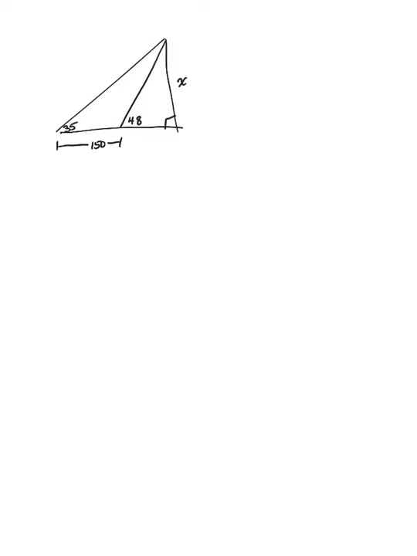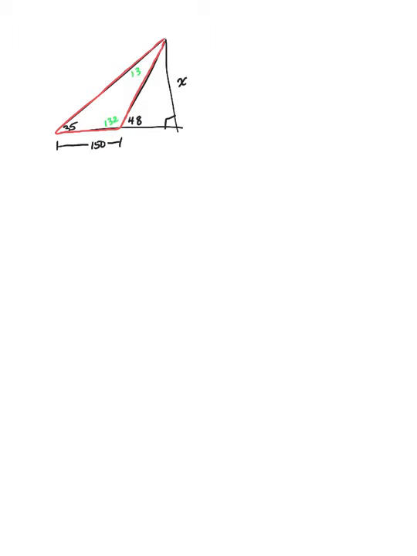Okay, so back to the original problem. I want to find x. So I have a completely different way that I could proceed. So I used the 2 right triangles in the last method. I could use this triangle and then use the right triangle on the right. So if I use this triangle, the way this works is, number one, I'm going to get whatever missing angles I can. This is 132.